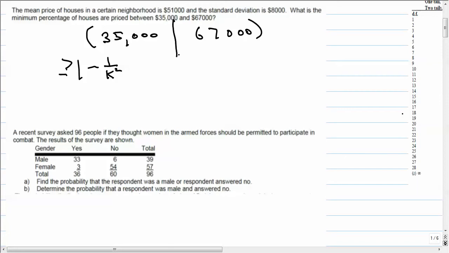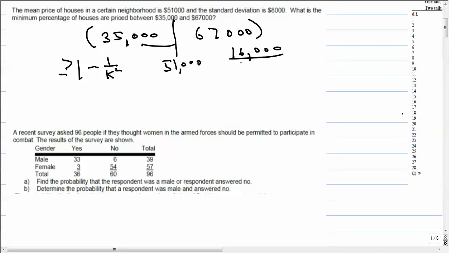So here is the mean in between, 51,000. If you look at the difference between 67,000 and 51,000, you see that difference is 16,000. Likewise, in the other direction, it's 16,000.